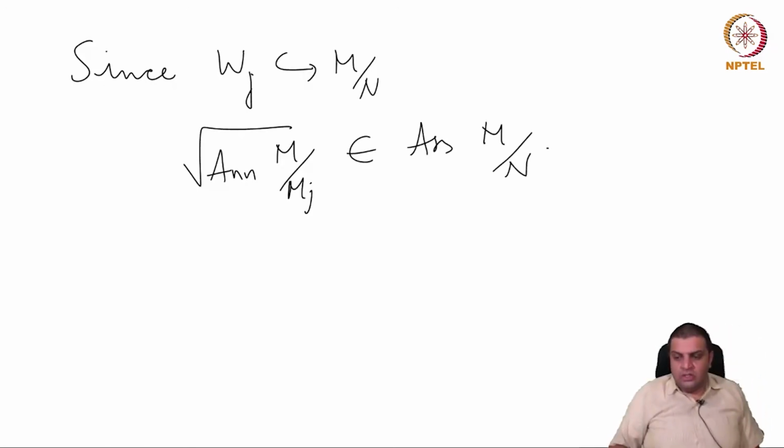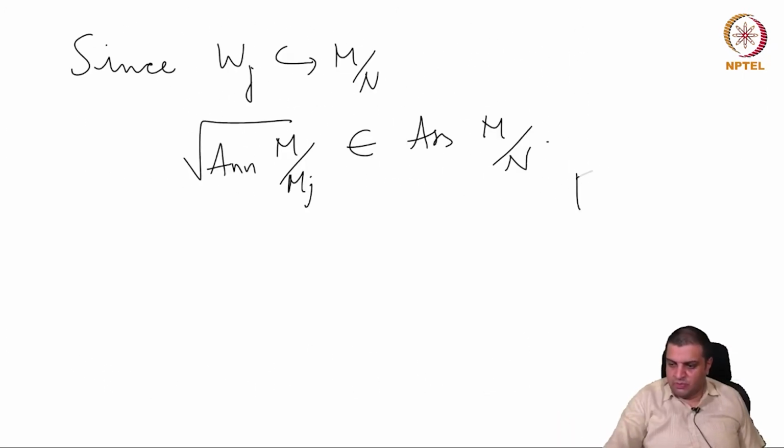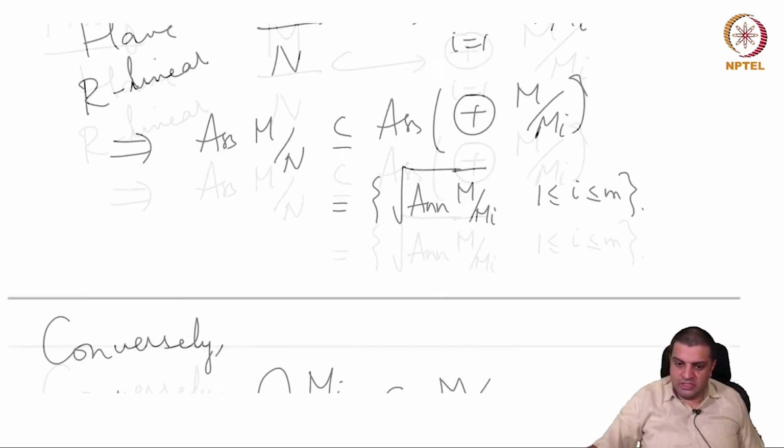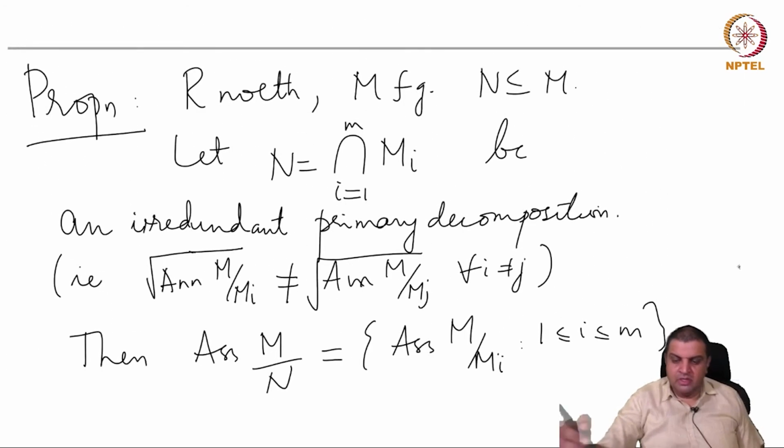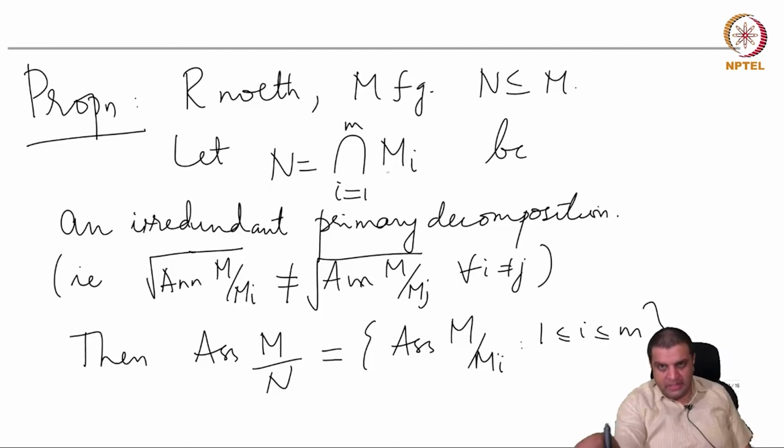So this is the end of the proof. This proposition tells us that not only do we have a primary decomposition into primary submodules as an intersection of primary submodules, one also gets that the associated primes corresponding to the primary submodules are exactly the list of associated primes of M mod N, and in the irredundant case, they occur exactly once.